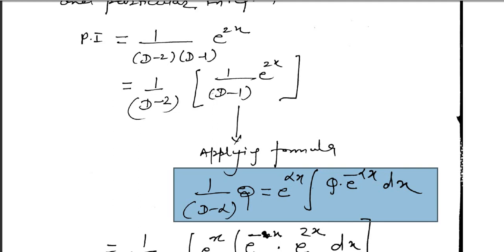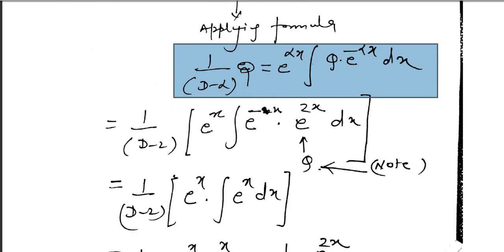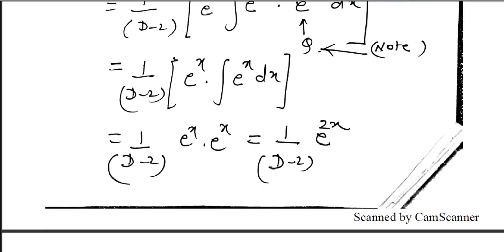So clearly this is equal to e to the power x, integration, in place of Q we put e to the power 2x, into e to the power minus alpha x, which is just e to the power minus x. So this is equal to 1 upon D minus 2 e to the power x integration e to the power minus x e to the power 2x dx, where e to the power 2x is Q. If you solve this, this term is equal to 1 upon D minus 2 e to the power x integration e to the power x dx, which is just equal to e to the power 2x.